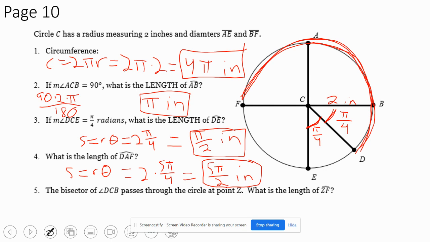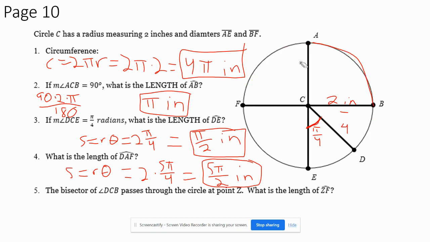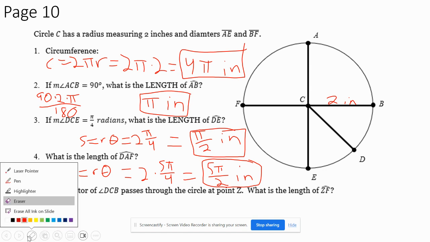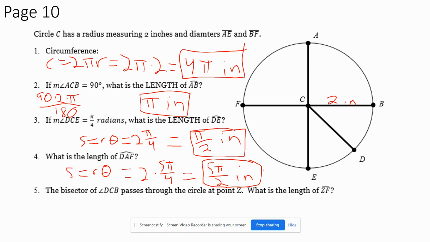Okay. And then this last one, the bisector of angle DCB passes through the circle at point Z. What is the length of ZF? So I'm going to have to draw in this bisector. I'm going to actually erase this to clear up my diagram a little bit. Okay. Bisect, what's that mean? You want to cut something in half. So I'm bisecting DCB.